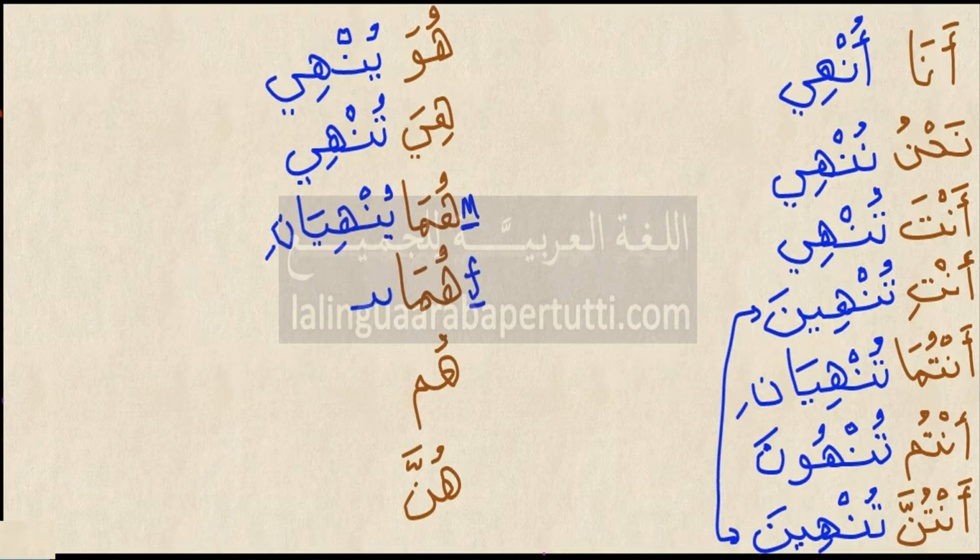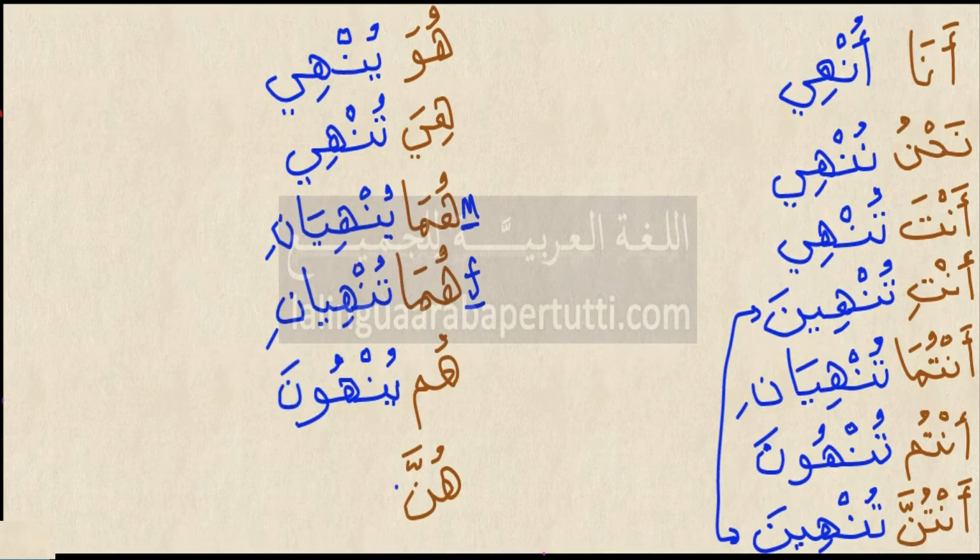I will write F. Feminine. تنهيان. هما ينهيان. هما تنهيان. هم ينهون. هن ينهين. Okay, so here we conjugated أنا نحن أنت أنت أنتم.